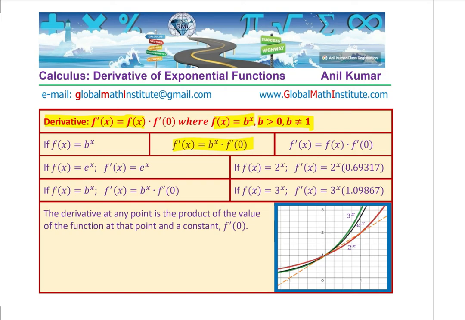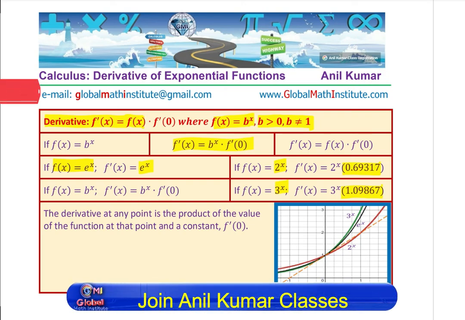And we figured out that for 2 to the power of x, the slope of tangent is 0.693. For 3 to the power of x, it is 1.09867. And in between, we get the value 1 when it is e. So if the function is e to the power of x, the derivative is exactly e to the power of x.